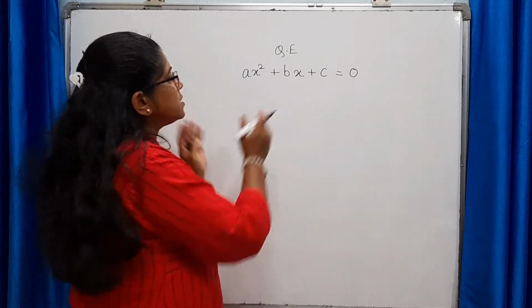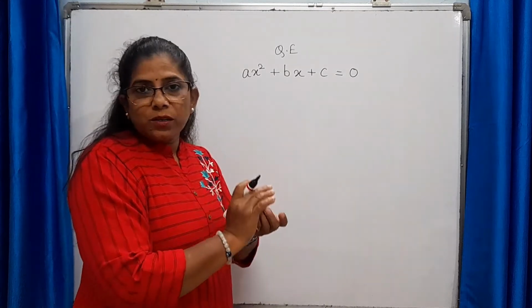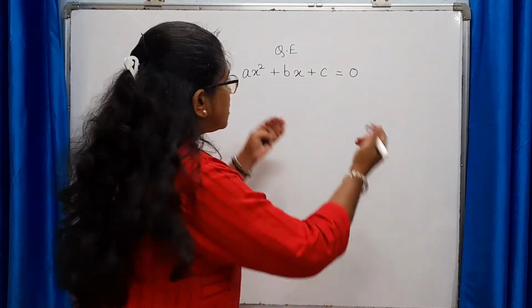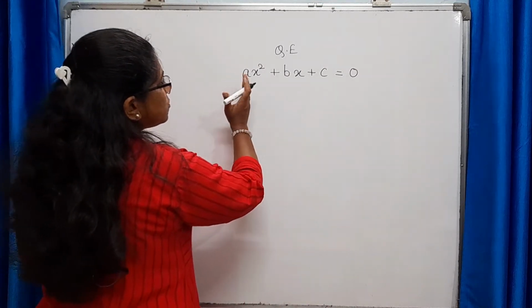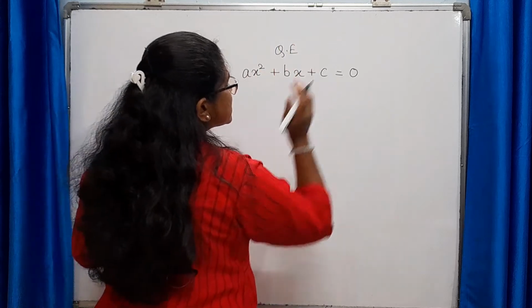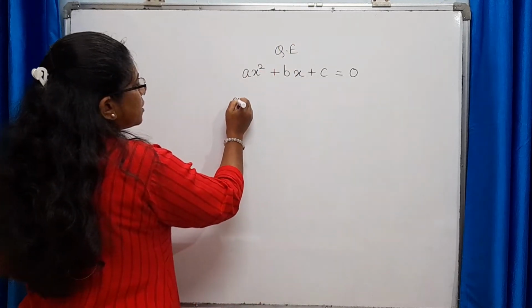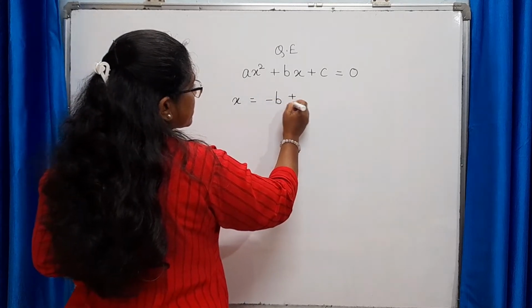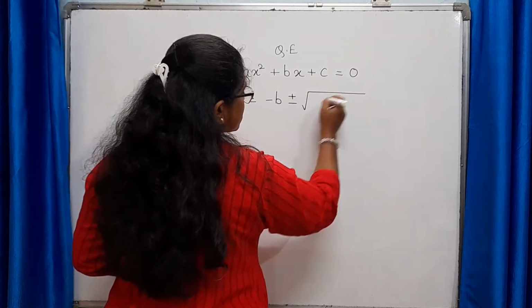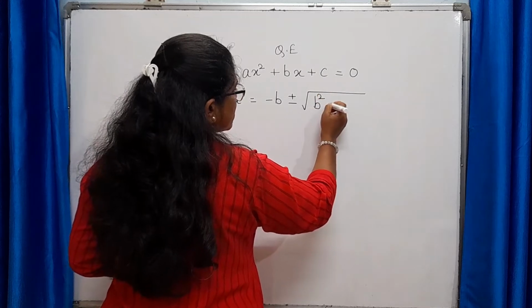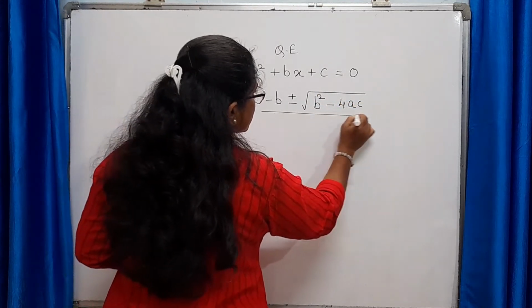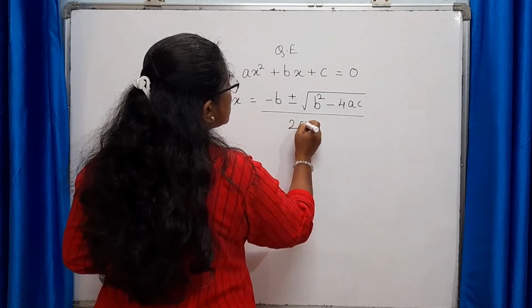Means if it is not in the standard form, we have to shift the terms to the LHS and bring the equation in this standard form. Then note down the values of a, b and c. And our formula is x is equal to minus b plus or minus root b square minus 4ac upon 2a.